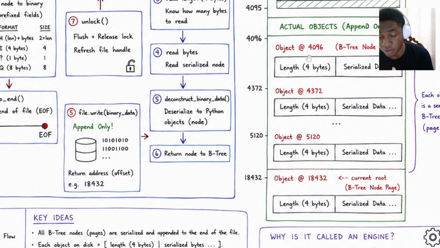Anytime it's trying to read or create, it will first take the length of the bytes and store it in 4 bytes, in a 32-bit unsigned integer. And then this is the address.